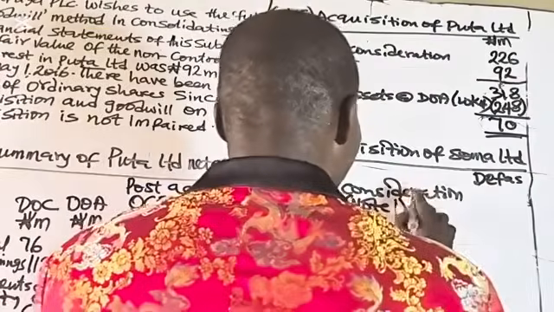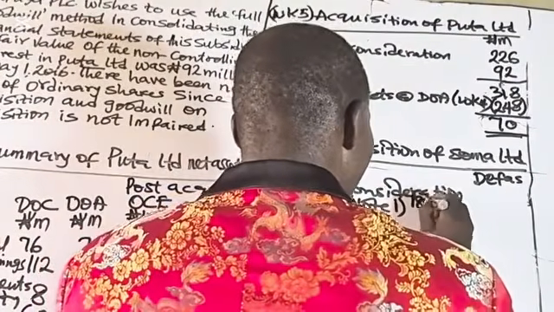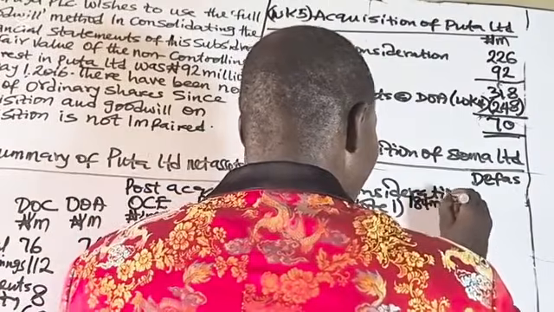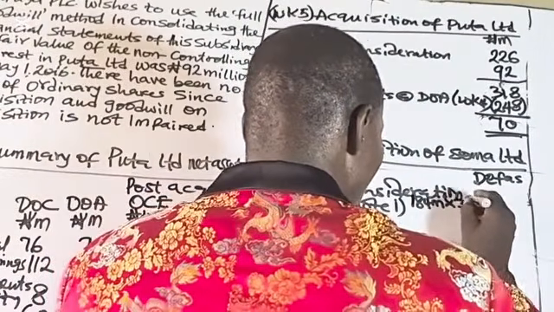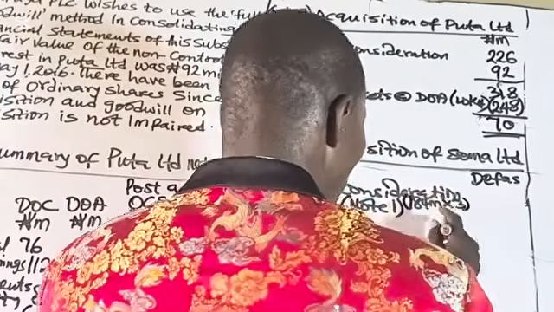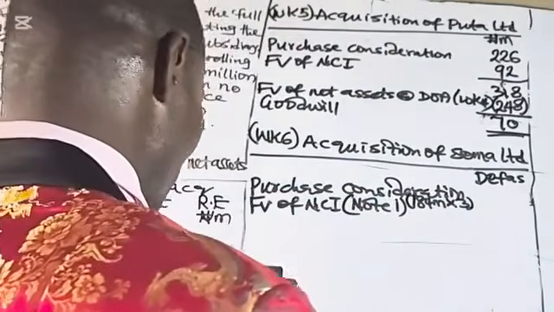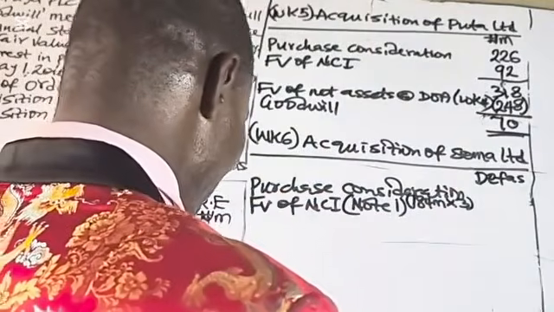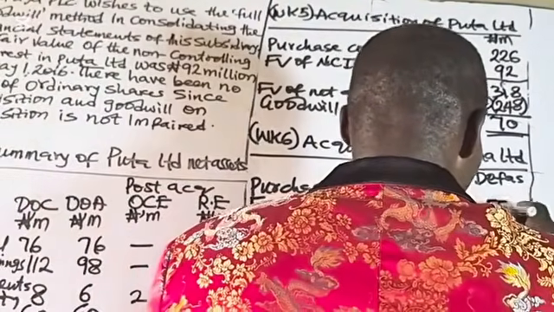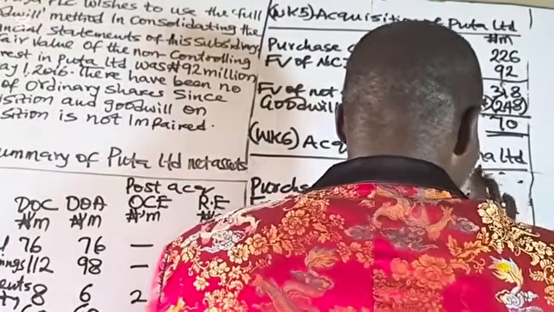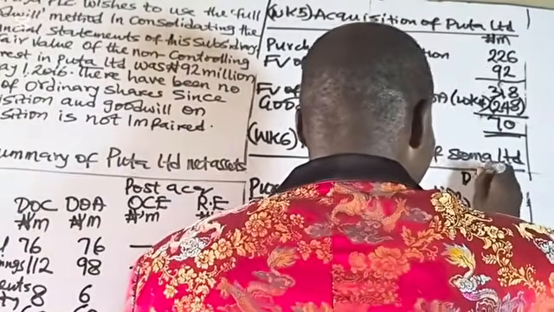You convert it to DEFAS, and the exchange rate on acquisition is 3 DEFAS to 1 naira. So 184 times 3 gives us 552 million DEFAS.